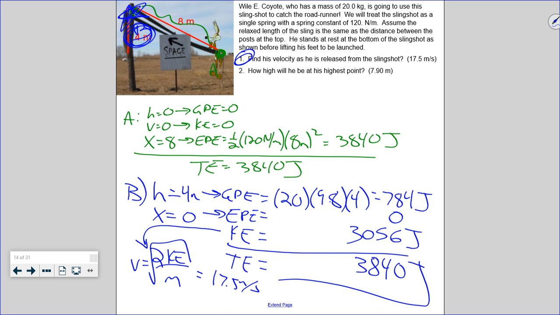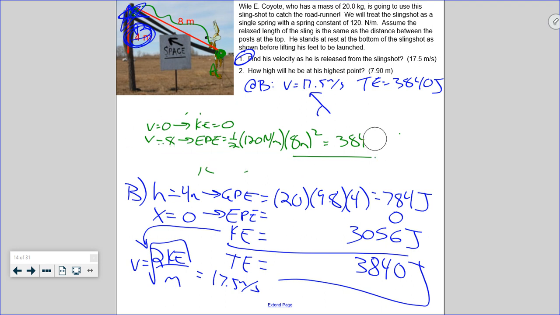Then part B says, how high will he be at his highest point? Well, let's see. So here's what we know. At B, we know the velocity is 17.5 meters a second. We know that his total energy is 3,840. And we know that this initial velocity is at an angle of, well, let's clean up the board a little bit.